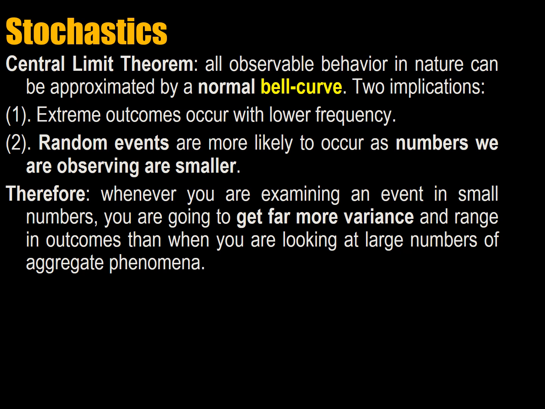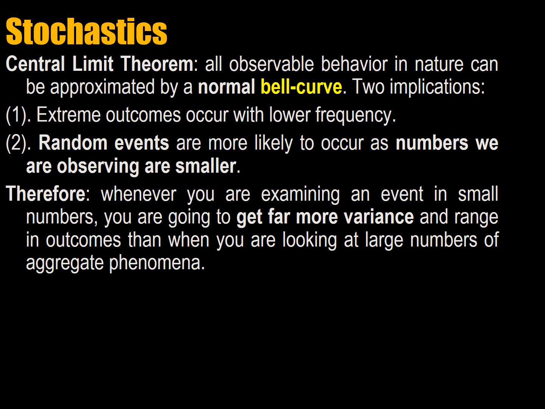Number 2, highly unlikely events are more likely to occur as the numbers we are observing are smaller. So if we had a bell curve made up of 1,000 events, very unlikely Hitler would have won. But if we have a bell curve of only 9 events, it's actually more likely that a discrete block of victory would have occurred in that block.